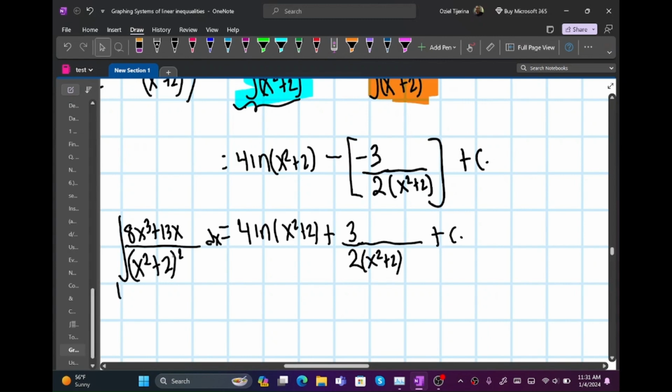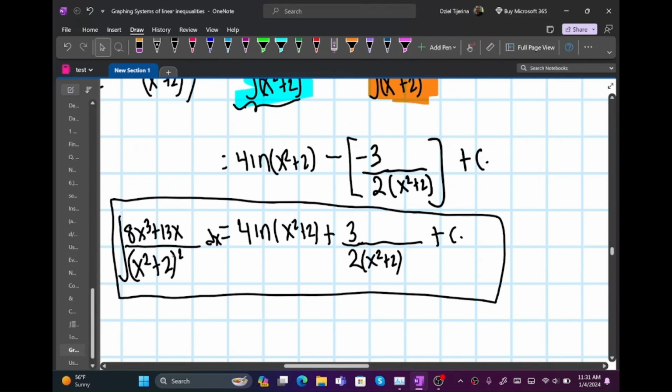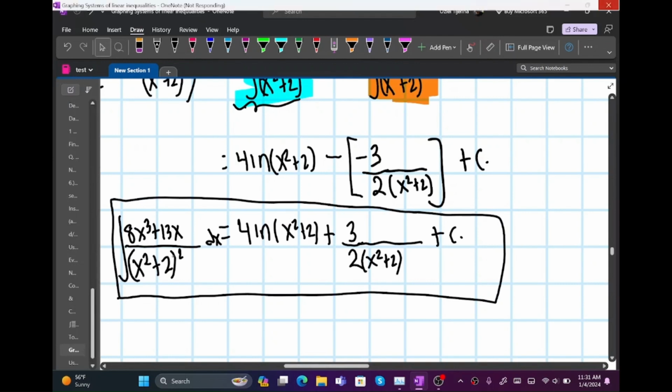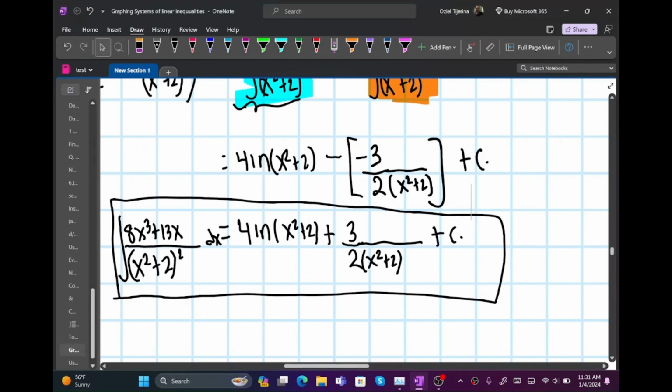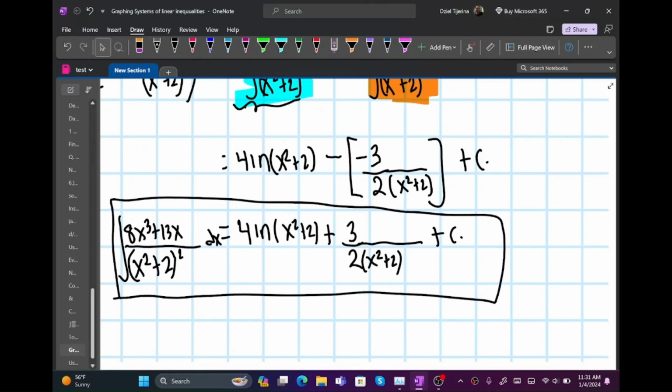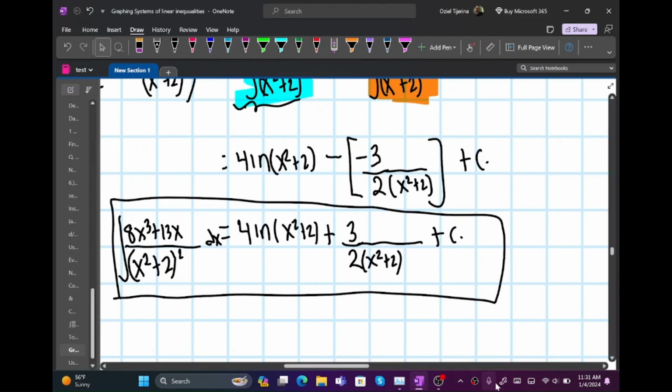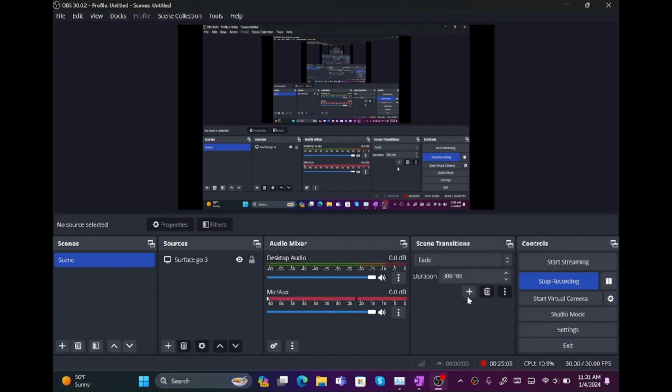So this, guys, is our final answer. You can distribute the 2 on the bottom, but you don't have to. But that is our final answer for this problem, guys. It was very, very difficult. I do apologize if it took me this long, but yeah, these problems are intense.